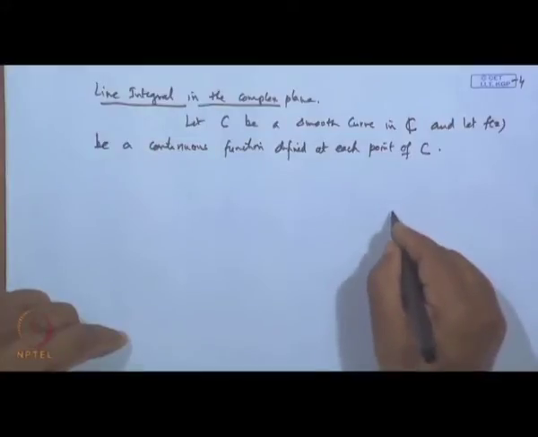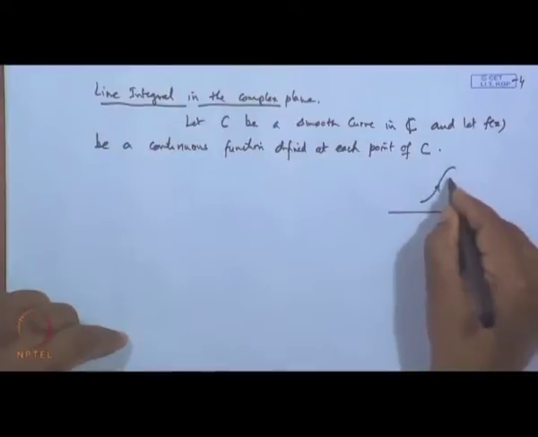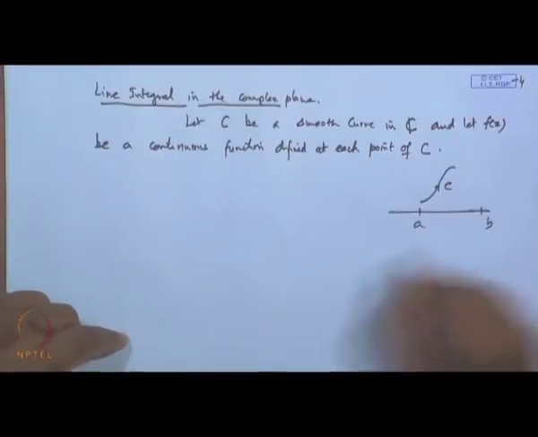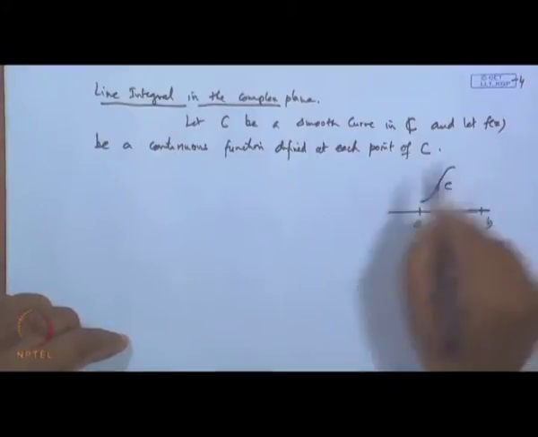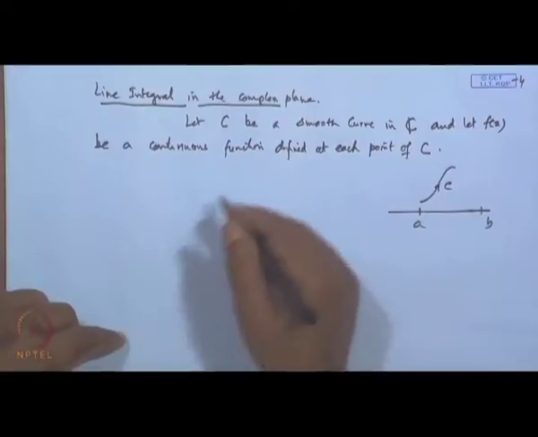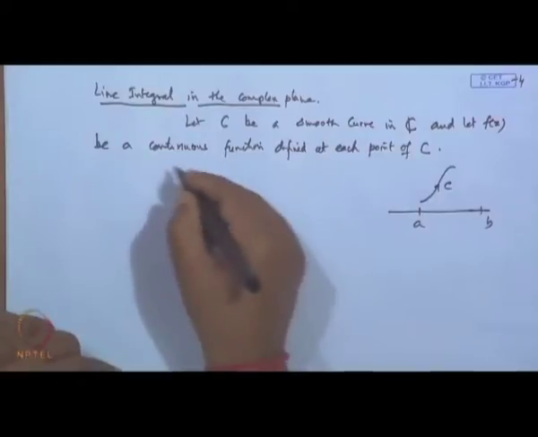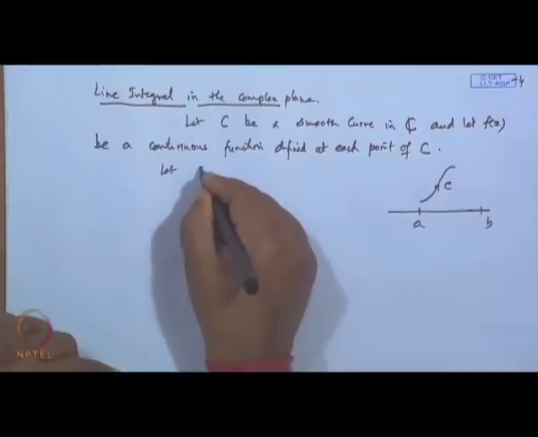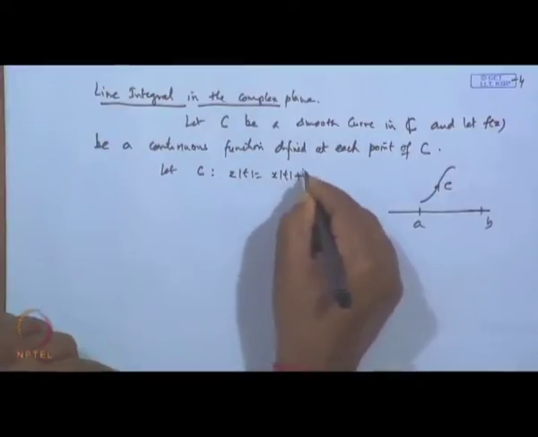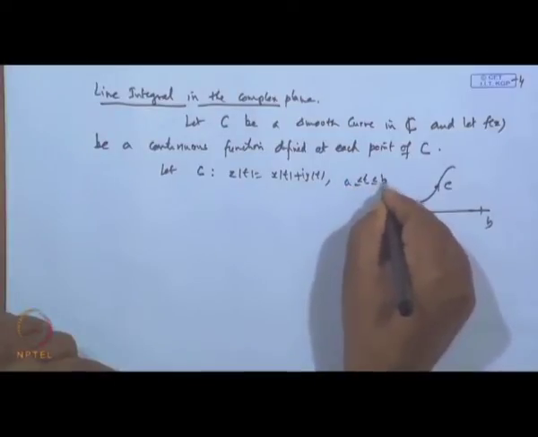So, this is our smooth curve C, and here is the interval [a, b]. The parametric equation of the curve C is z(t) = x(t) + i y(t), where t varies from a to b.